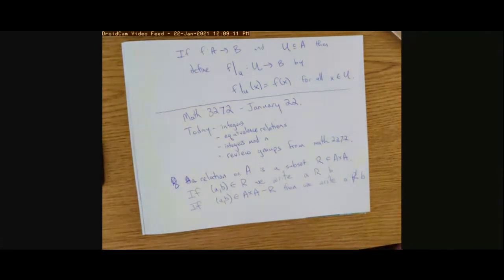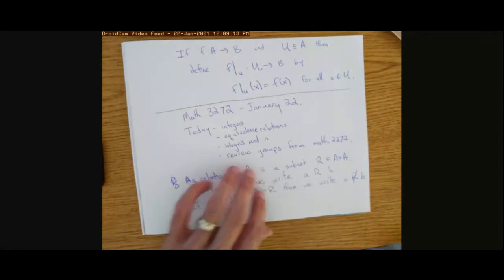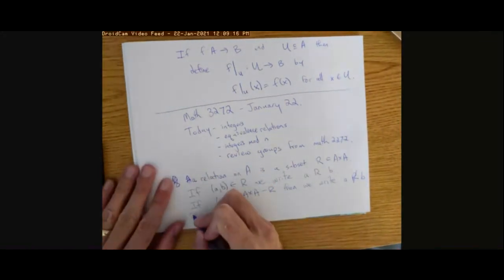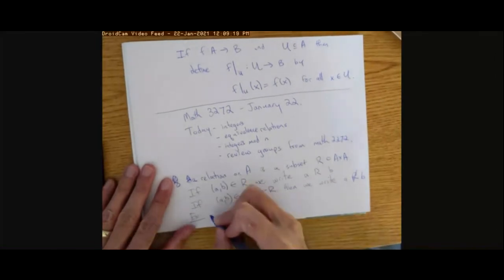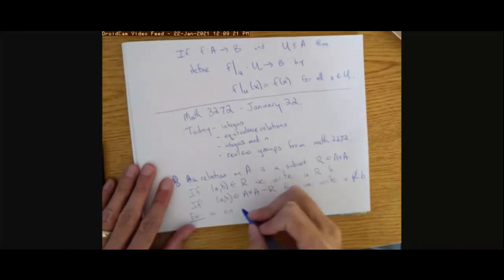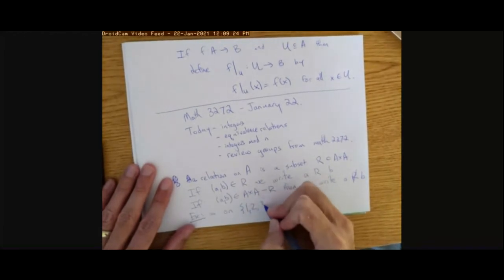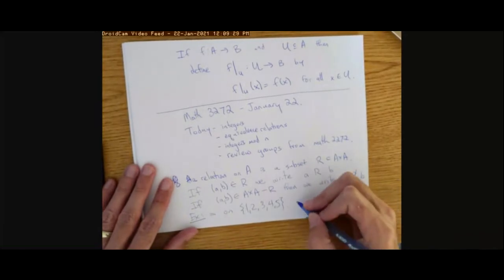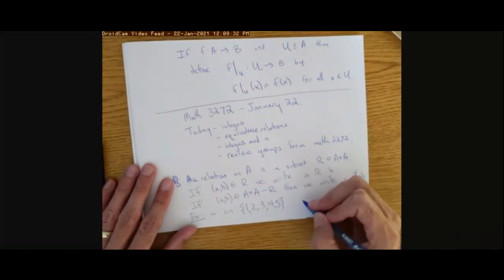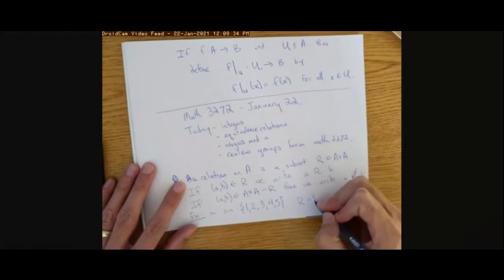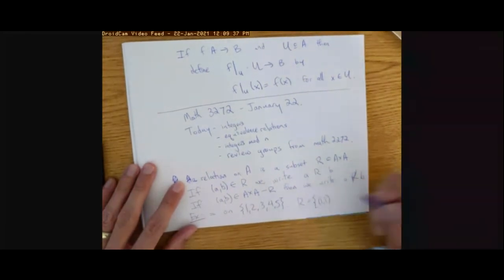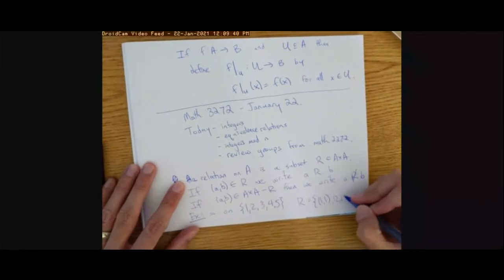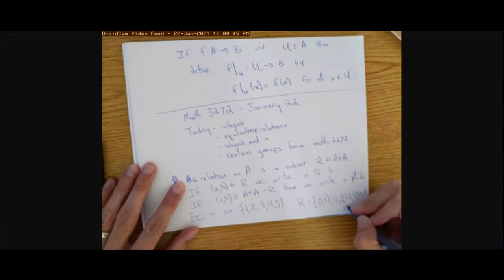And just a quick example might be equality on 1, 2, 3, 4, 5. You just define R to be the ordered pairs where both things are equal.